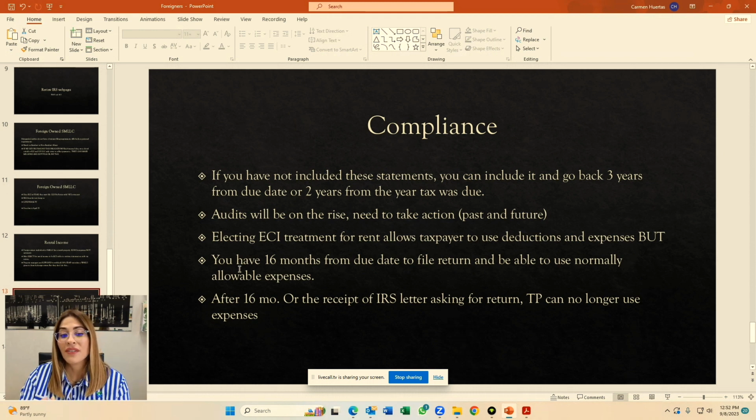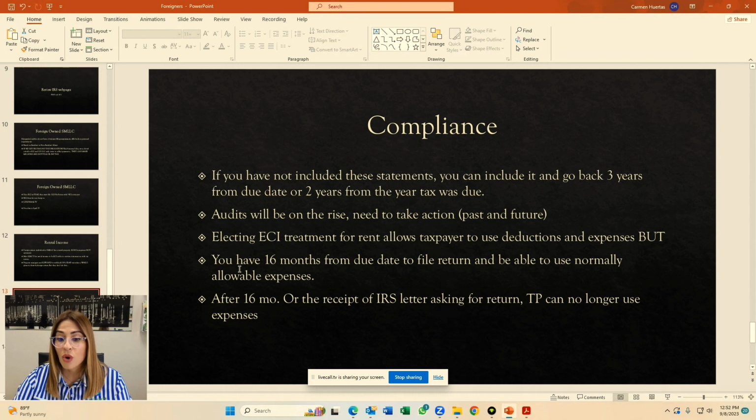You have 16 months from the due date to file your return to be able to elect this. So if you have a 2021 tax return and you still haven't filed that year's taxes, you're disqualified from it being ECI, even if you write the statement, because you're outside of the 16 months from the due date.